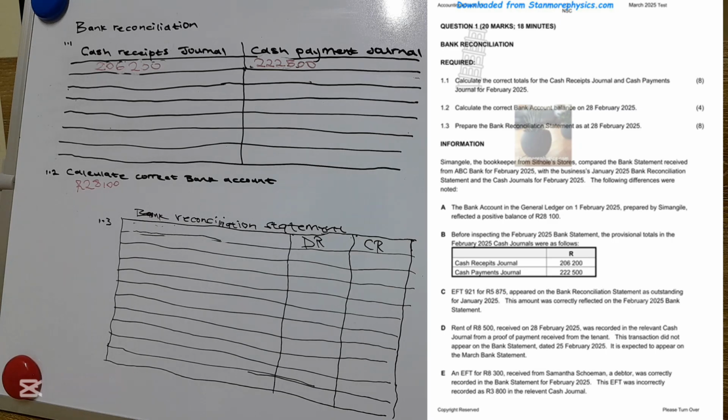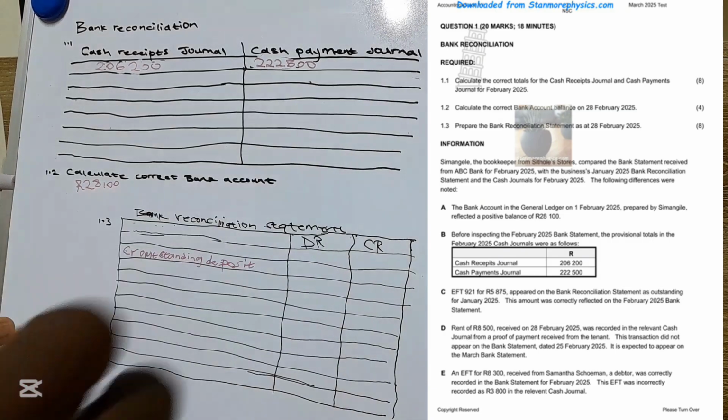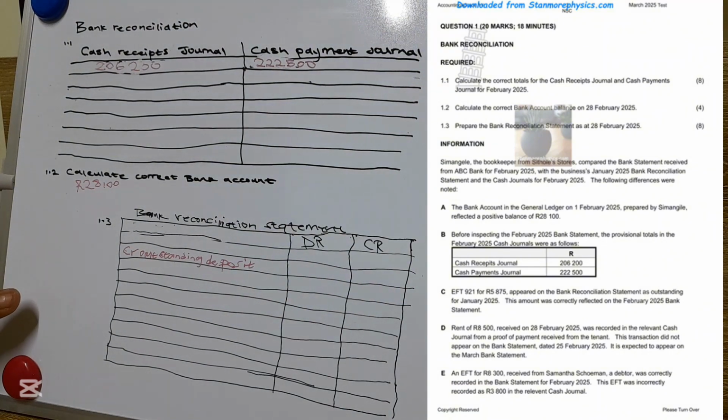So on the bank reconciliation statement, we are going to see credit outstanding deposit, which is 8,500. It's credit outstanding deposit of 8,500.